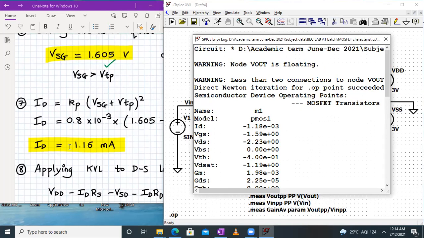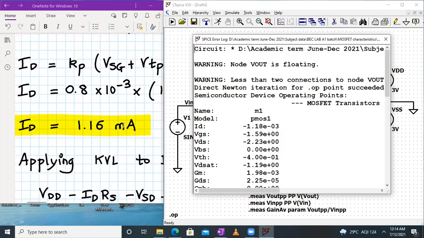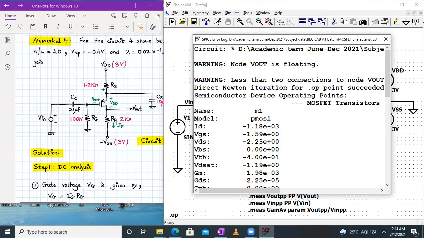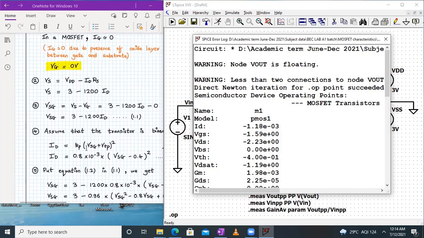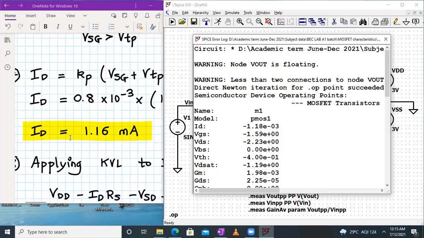Over here, there is a slightly minute change, but that's absolutely fine. The value of ID is coming out to be negative, of course, definitely, because over here we have assumed the direction to be going from the source terminal towards the drain terminal. So the value of ID will have to be negative for a PMOS transistor.